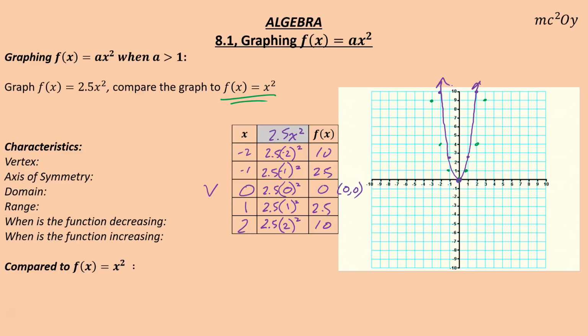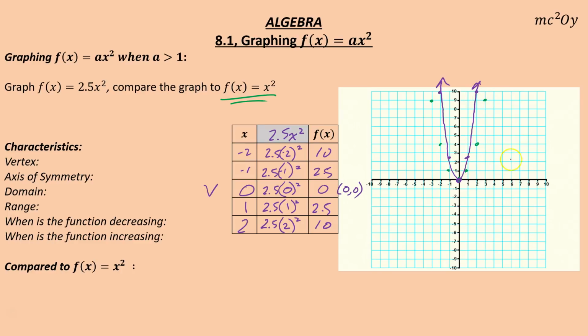It thinned out. And really, we call that thinning a stretch. This point has stretched. It's moved from here at 1 all the way to 2.5. It's like we multiplied 1 by 2.5 to get to 2.5. And this point that was at 4 moved all the way up to 10. Well, 4 times 2.5 is actually 10.